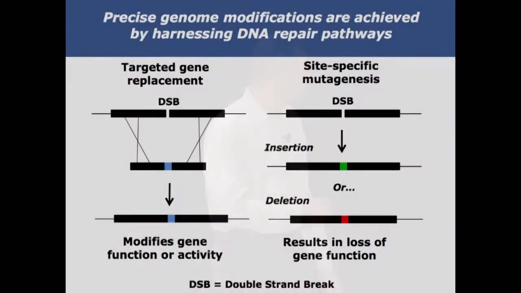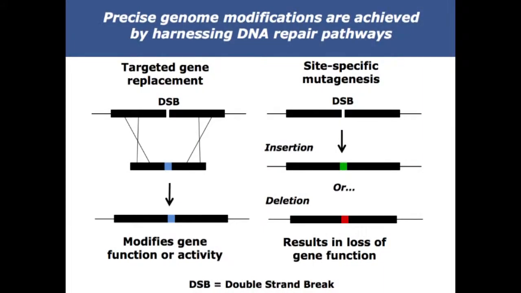Then we can direct the repair of that break to achieve the type of modification we're interested in. On the right-hand side of the slide, we simply introduce the break and ask the cell to rejoin the broken chromosome. It often does so precisely, but occasionally small insertions or deletions occur at the break site that can create mutations resulting in loss of gene function. So it's a means of creating gene knockouts.